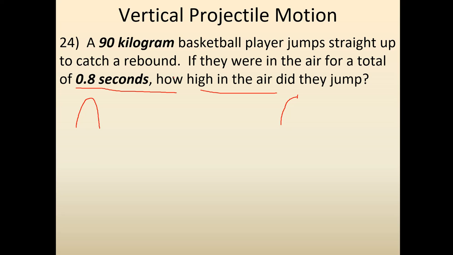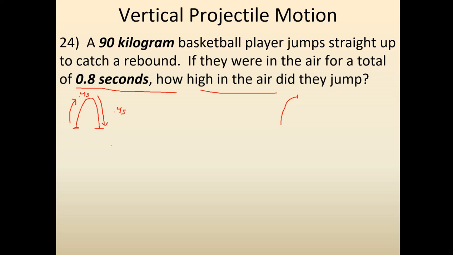So what I'm actually going to do is this. In this class, we deal with what's called symmetric projectiles, meaning everything about it going upwards to its max height is equal to what's going downwards. So if it takes a total of 0.8 seconds for him to go up and down, that means the time it takes for him to go up is 0.4 seconds, and the time it takes for him to go down is 0.4 seconds.